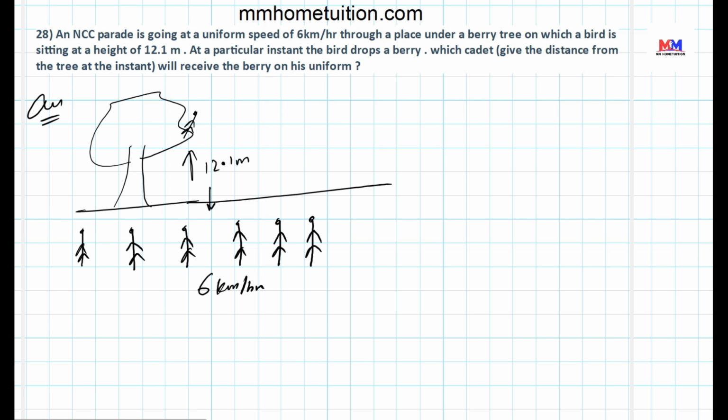At a particular instant, the bird drops a berry. Which cadet from the tree will receive the berry at his uniform? Which cadet receives the berry?